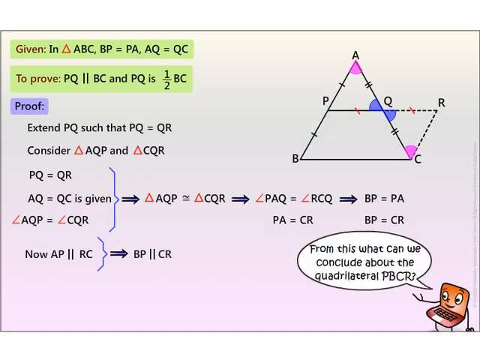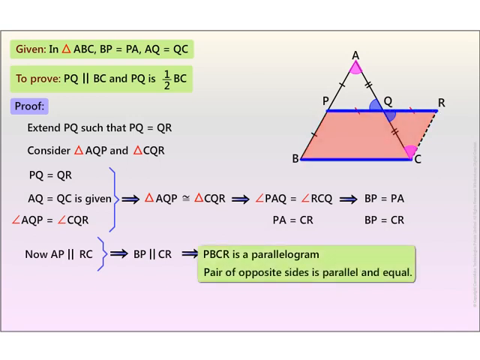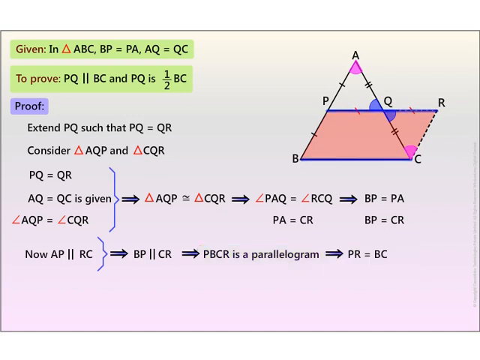From this, what can we conclude about the quadrilateral PBCR? This means that PBCR is a parallelogram as a pair of opposite sides is parallel and equal. This implies that PR is equal to BC and PR is also parallel to BC as it is the other pair of sides for the parallelogram PBCR and should also be equal and parallel.